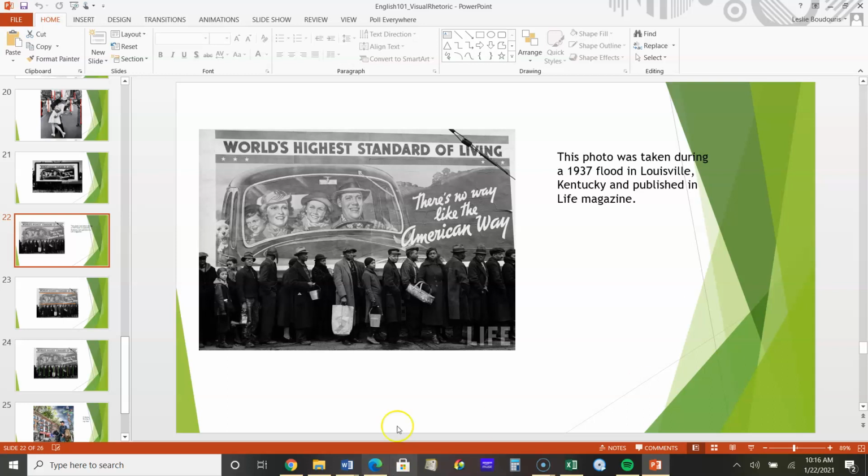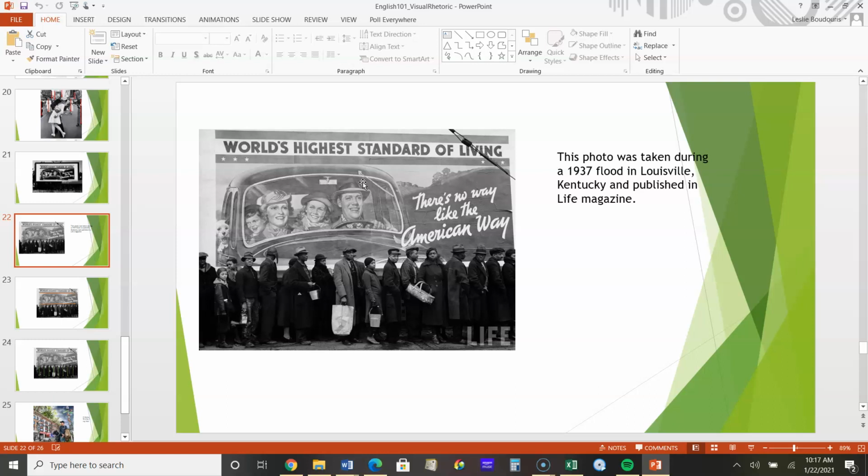So you have devastation and lack of supplies here, you have lack of money, and you have lots of money. You have black, you have white, and you have real life, and you have fiction. As this is an advertisement, these people are probably not even a family, they're all actors. And so it's not real life. These are both examples of America, but they're very different examples of America.